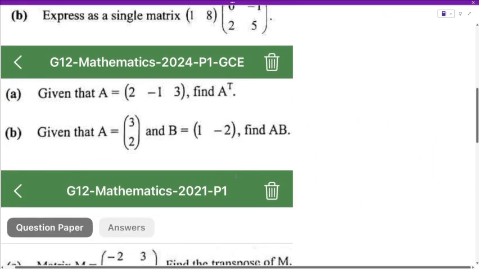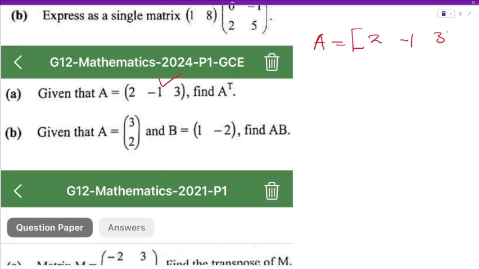So here we've been given matrix A. This came in 2024 GC paper 1. We've been given this matrix A as 2, -1, +3.